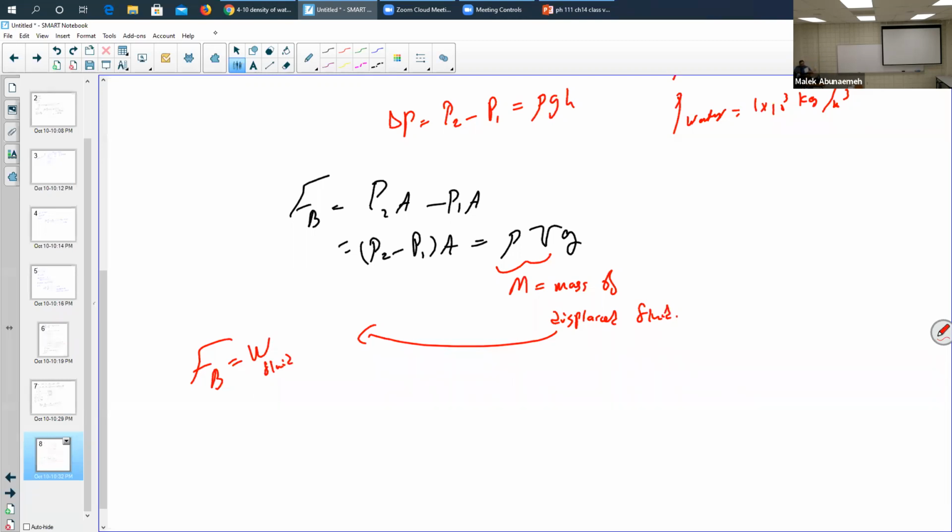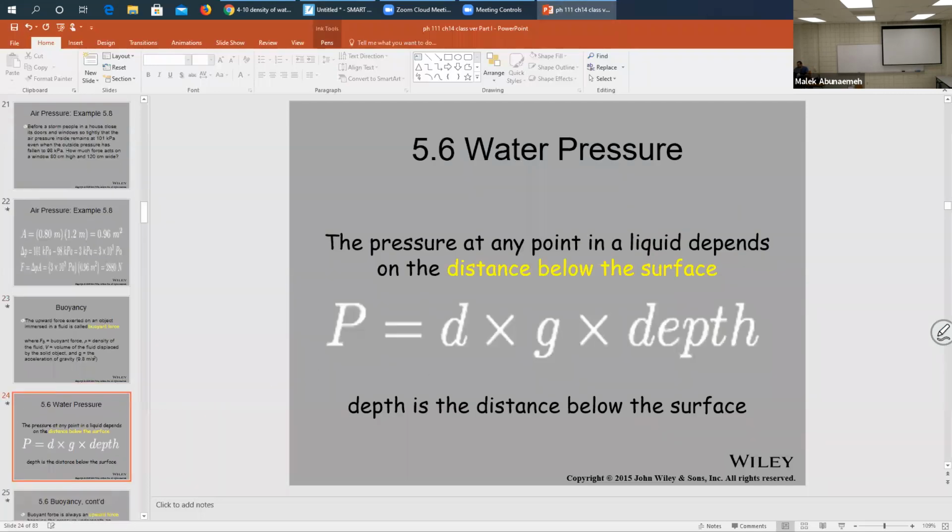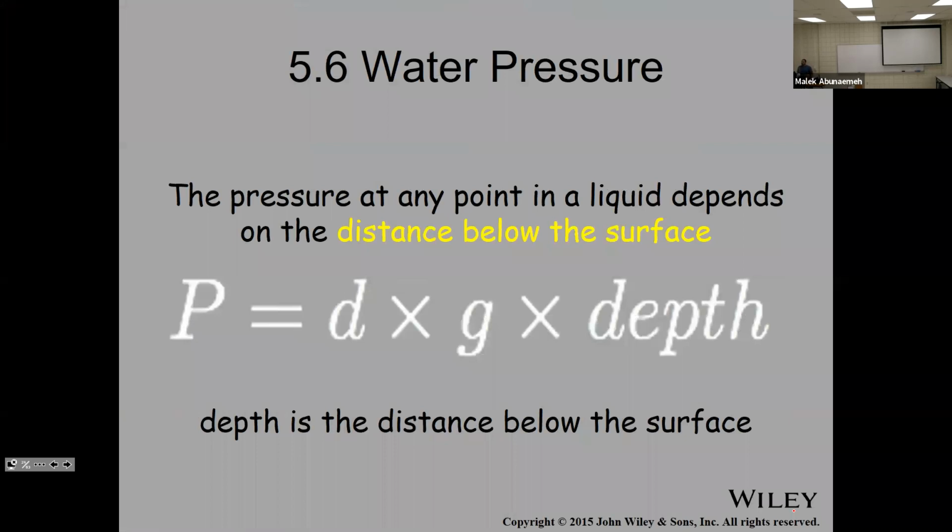Okay? So let's take a look. Basically, the pressure at any point in a liquid depends on the distance below the surface, which is h in my notes a little while ago, multiplied by the gravity multiplied by your depth.